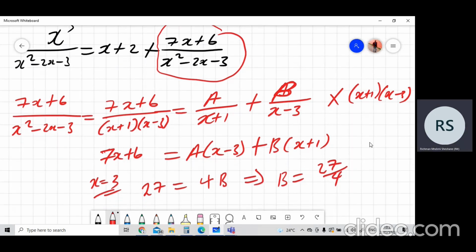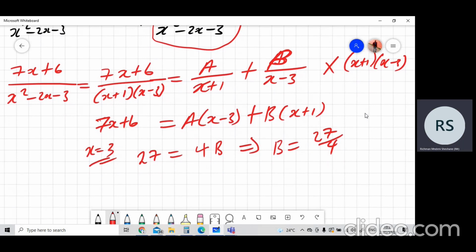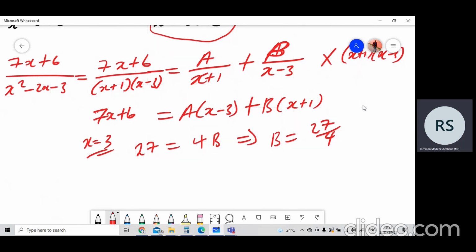We still need the value of A. Again, think of another value of x that cancels one term, or makes another term equal to 0. It's x equal to minus 1. It will make this term equal to 0. So when we substitute x equal to minus 1, we're going to have minus 7 plus 6, which gives us minus 1 on the left-hand side.